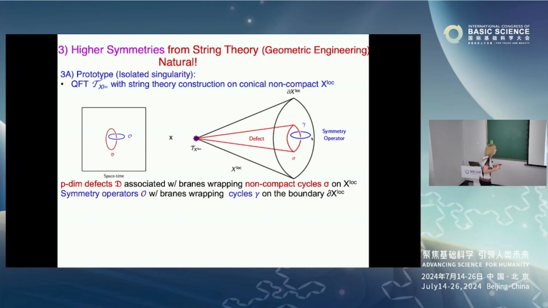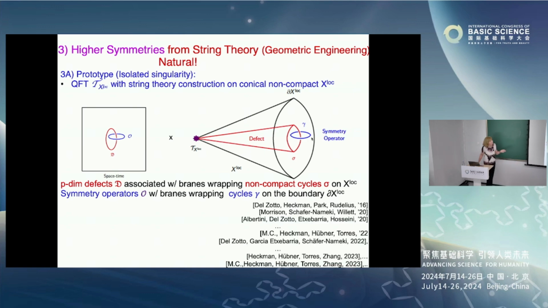Analogously, the symmetry operators associated with this defect are also associated with branes, but those are branes that wrap cycles on the boundary of this non-compact conical Calabi-Yau space.